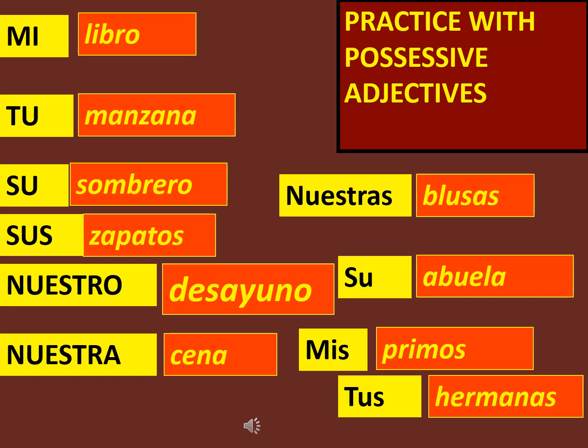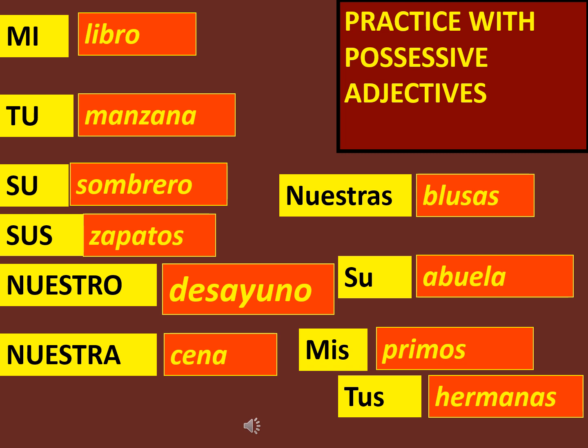Here are some practice opportunities with possessive adjectives. Note how the endings change depending on the word that follows. Mi libro. Tu manzana. Su sombrero. Sus zapatos.